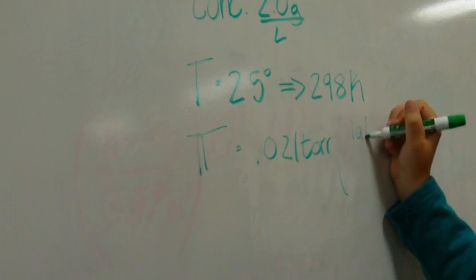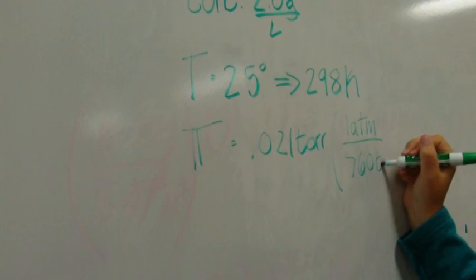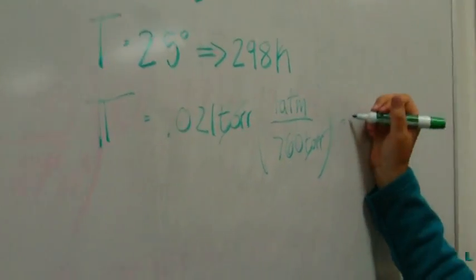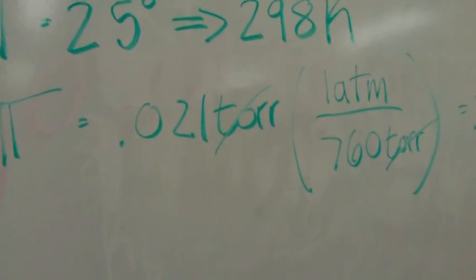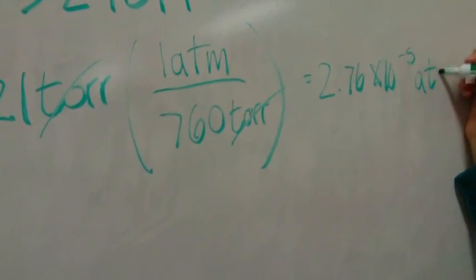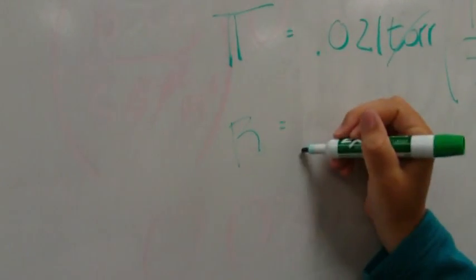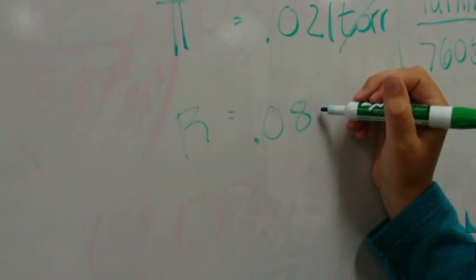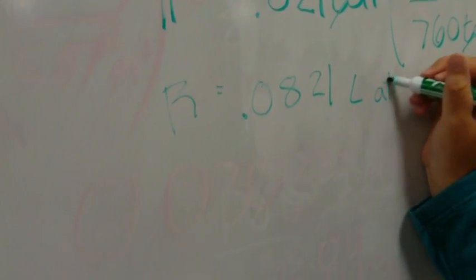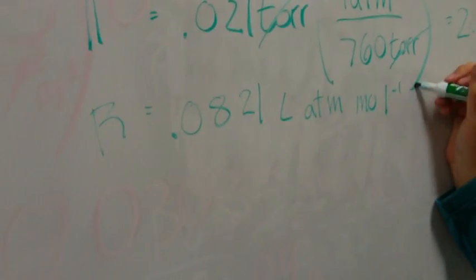So 1 ATM is equal to 760 torr. Units cancel, and we're given 2.76 times 10 to the negative 5 ATM. All right, and then again, R value is constant, 0.0821 liters ATM per mole per Kelvin.